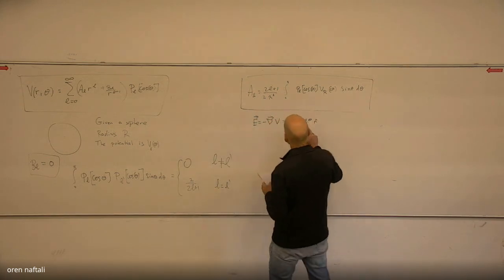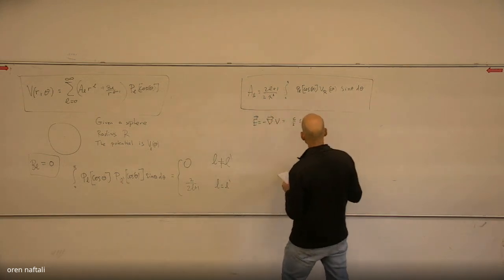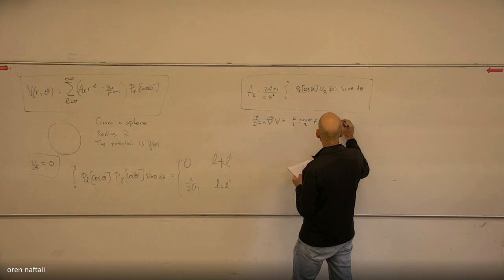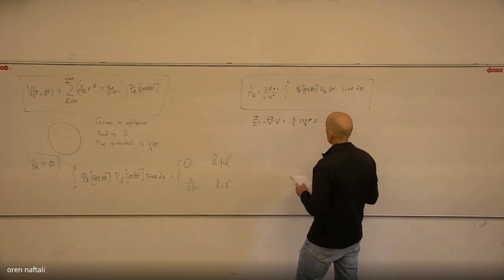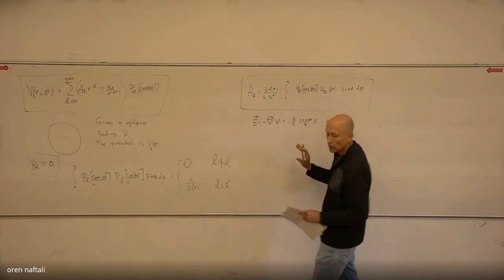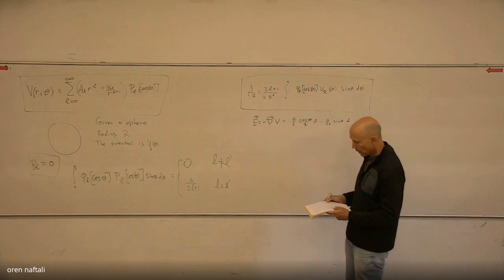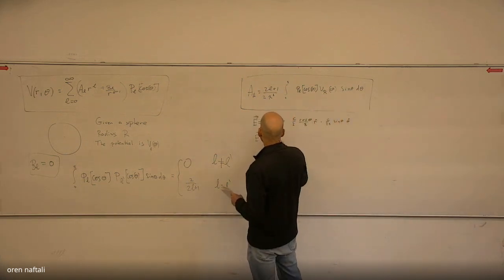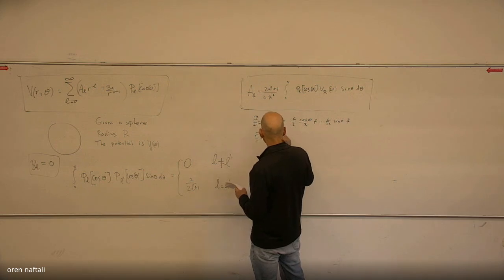This r comes from the solution, minus C over 2R sine theta d theta. And if you think about this a little bit, this solution in Cartesian coordinates is C over 2R z.